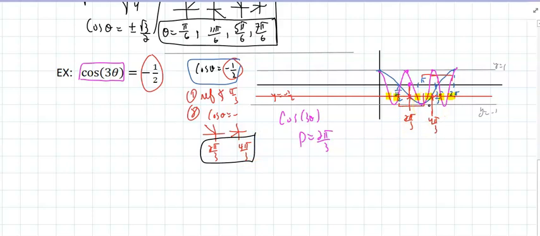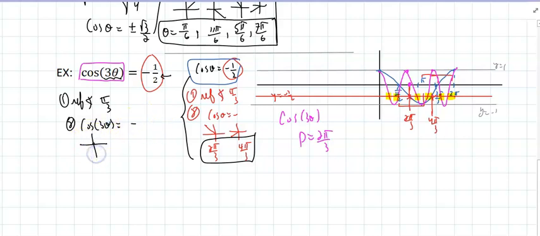Well, the good news is the way I would do this problem is identical to the way you just finished that homework. 1, I will say, what's the reference angle? It doesn't matter what that angle is. How would the cosine equal 1/2? That's pi over 3. Nothing changed. 2, we would say, where's the cosine of any angle negative? That would be in quadrant 2 and in quadrant 3. Well, guess what?